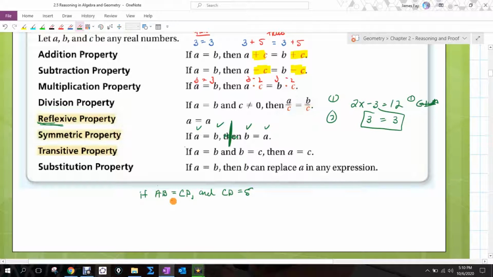If that's what I start with, AB is equal to CD, but CD's length is 5, then what can you tell me about AB's numerical value? It should be 5 as well. CD is kind of what I call the middleman that links these two things together.